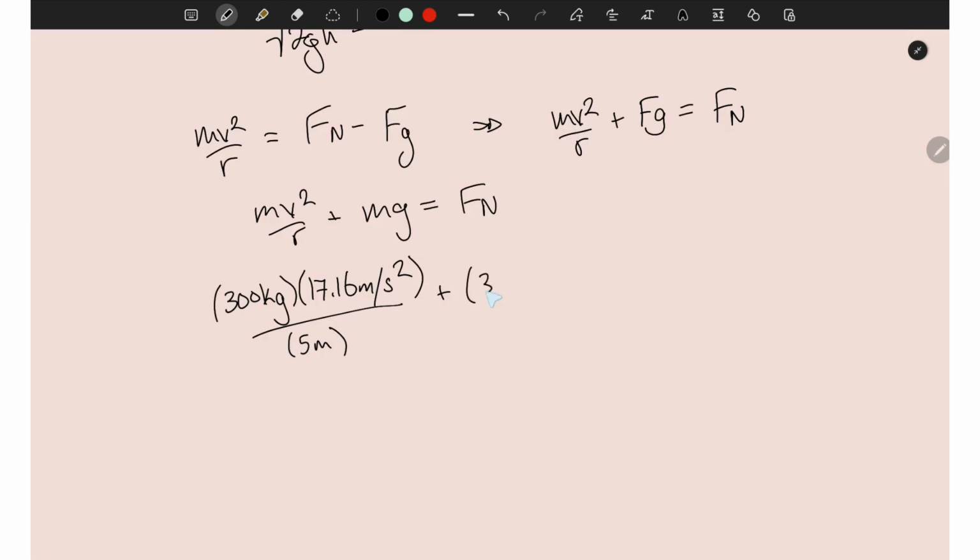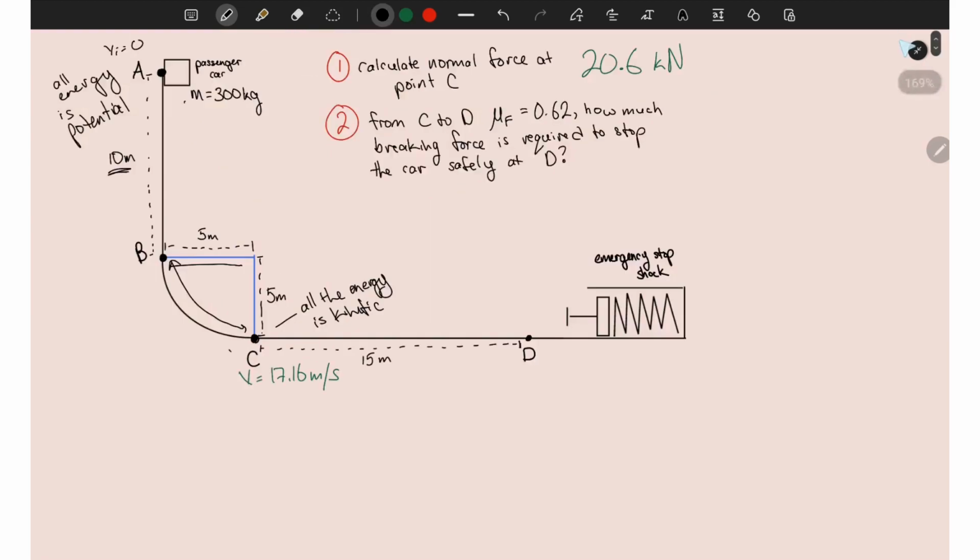And then we can just calculate mg, 300 times 9.81. I'll put in the units this time, meters per second squared. And don't forget that this velocity should be squared. So if we plug in all these numbers, it should come out to 20.6 times 10 to the 3 newtons. You can also write that as 20.6 kilonewtons.